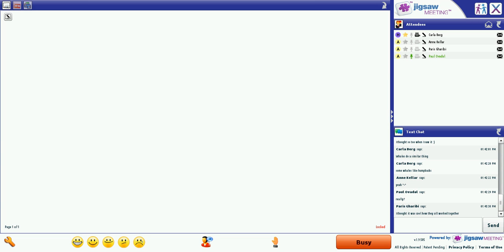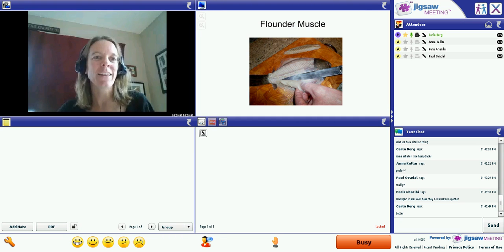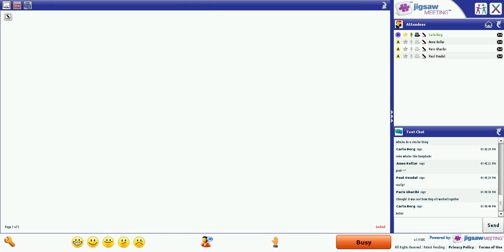I like how they work together. Perfect. That was much better, easier to hear you. You're right. They did work together. I thought that was pretty neat. I would not have pictured, you know, fish working together. I thought that was pretty cool. Anyone else make any observations besides Paul?